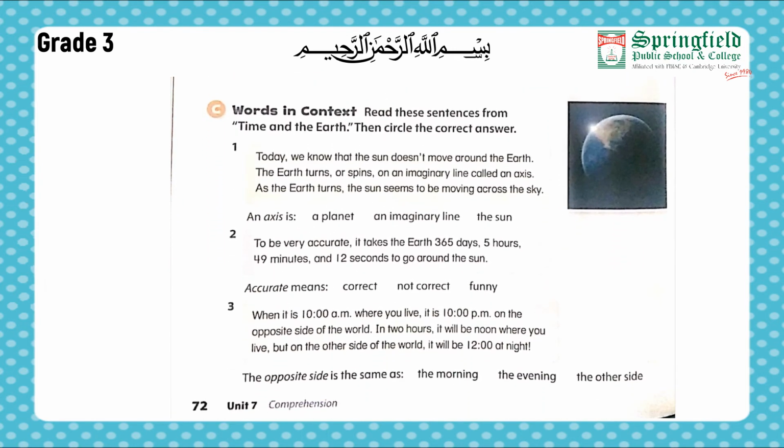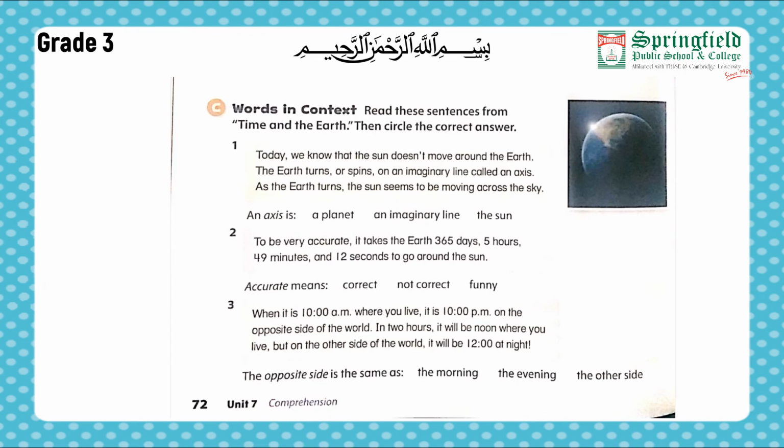Moving forward towards our part C. Words in context. Read the sentences from Time and the Earth, then circle the correct answer. So here we have got 3 sentences. Let's read them. So, today we know that the sun doesn't move around the Earth.